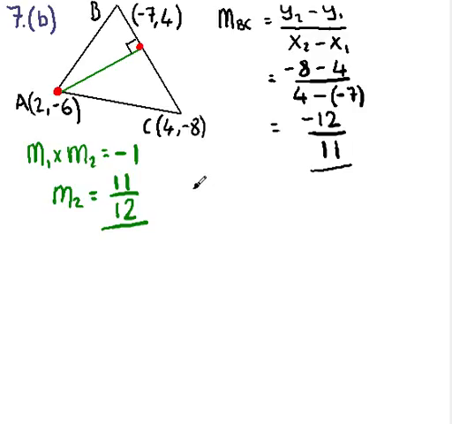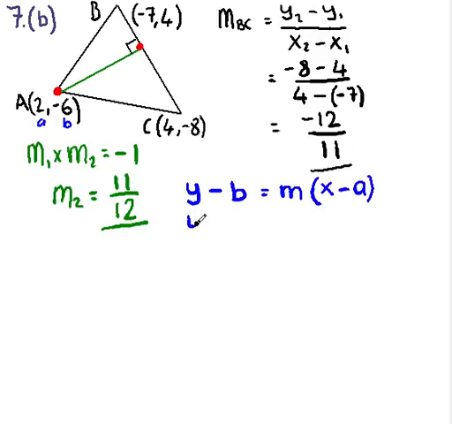So we'll use the equation of a straight line formula, which is y minus b equals m, bracket x minus a. So we need to remember we're using this point here, which means this is a and this is b.